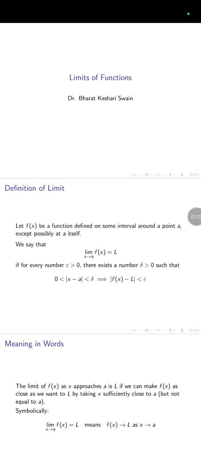So now come to the definition of the limit. Let f(x) be a function defined on some interval around a point a, except possibly at a itself. So we say the limit of f(x) as x tends to a is equal to L. Before going to the limit, first the function must be defined.